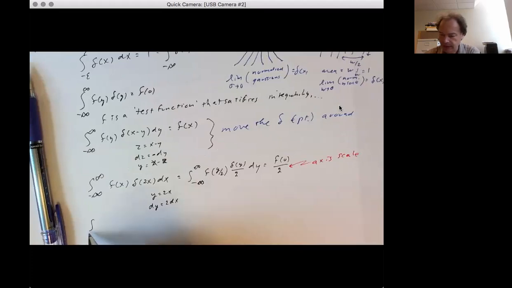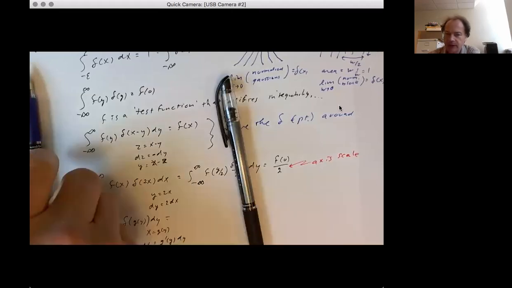Integral from minus infinity to infinity of f(y) delta function of g(y) dy. And we now know our answer. x is equal to g of y. dx is equal to g prime of y dy.